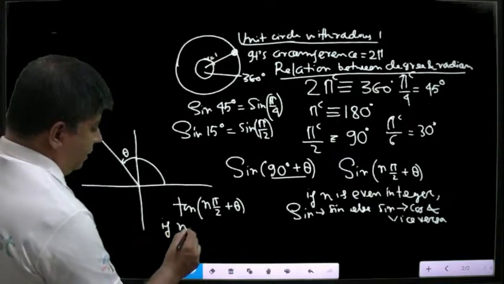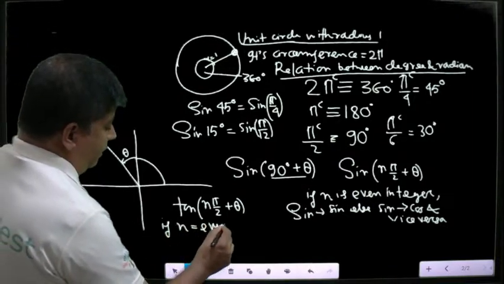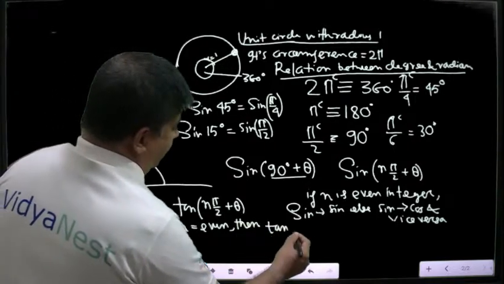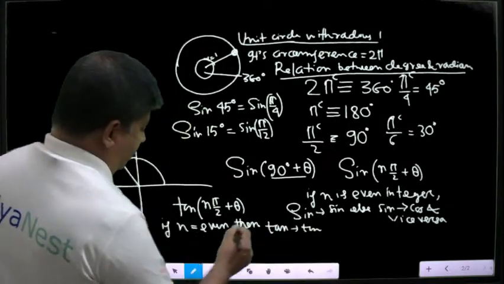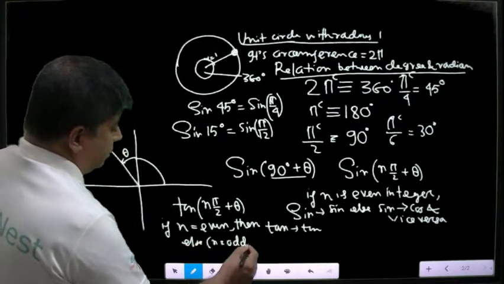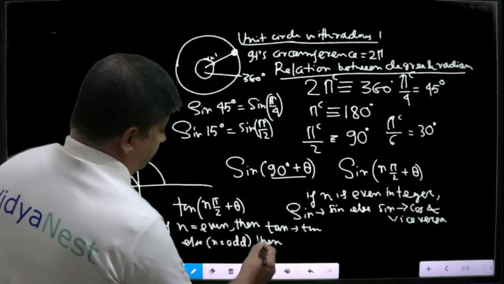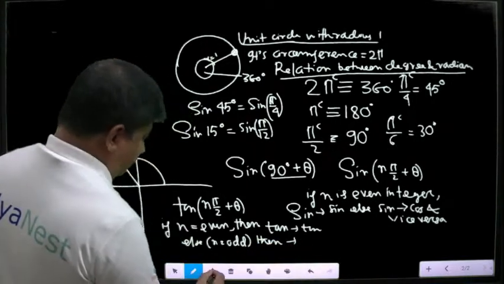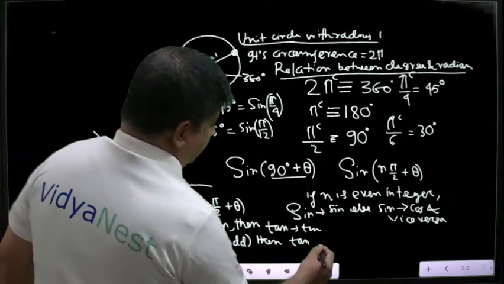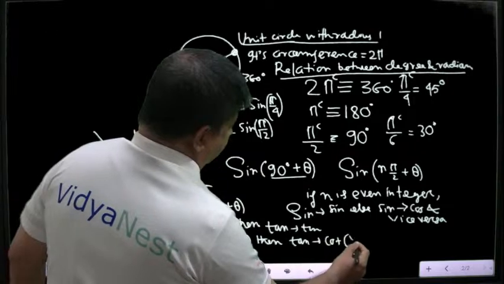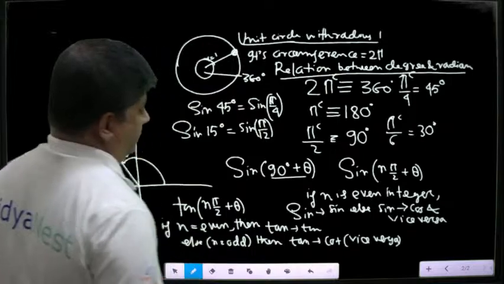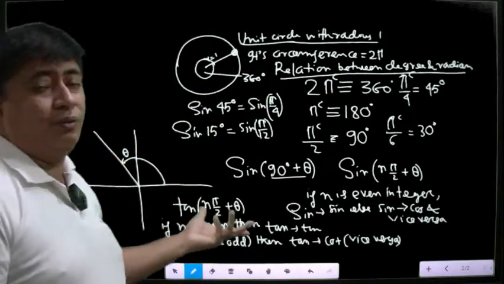If n is even, then tan will remain tan, else, if n is odd, then tan will be changed to cot and vice versa. Okay. Same thing will be done with sec.